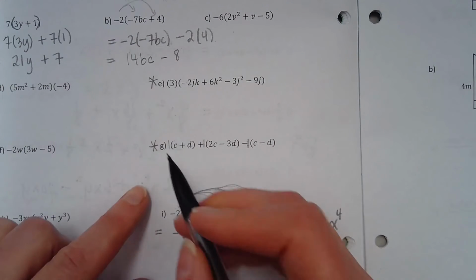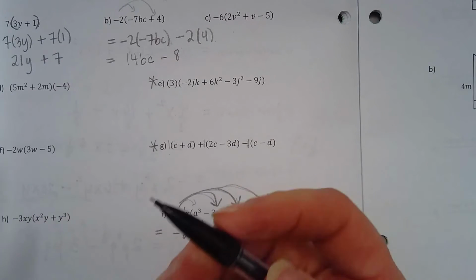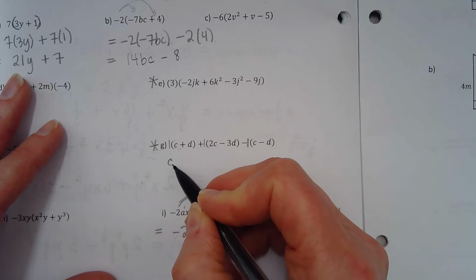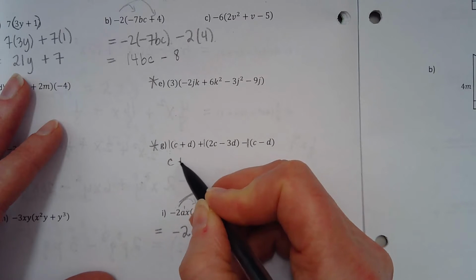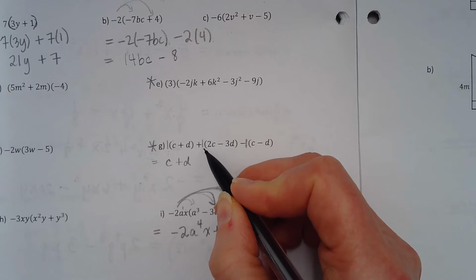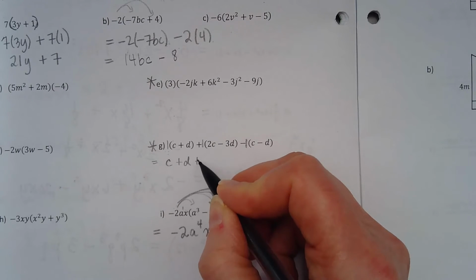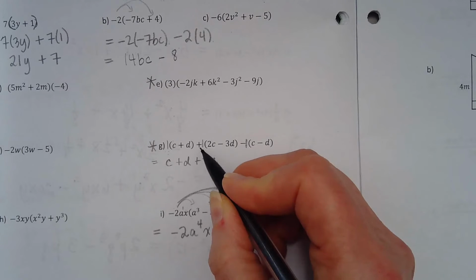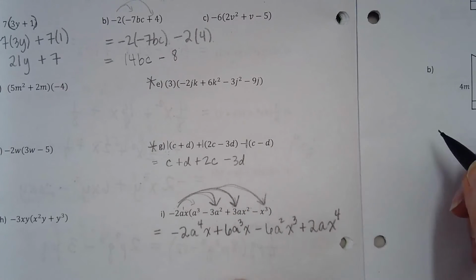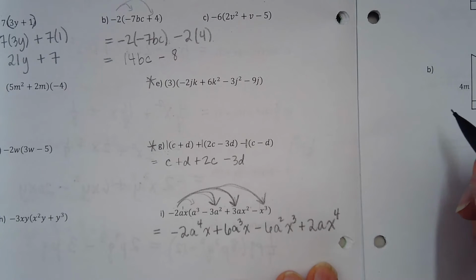Okay, so if that helps, 1 times anything just remains whatever you started with. So 1 times C remains C, 1 times D remains D. And once again, 1 times 2C remains 2C, 1 times negative 3D, negative 3D. So it's almost like those brackets were just holding these terms in place. The multiplication didn't affect anything.